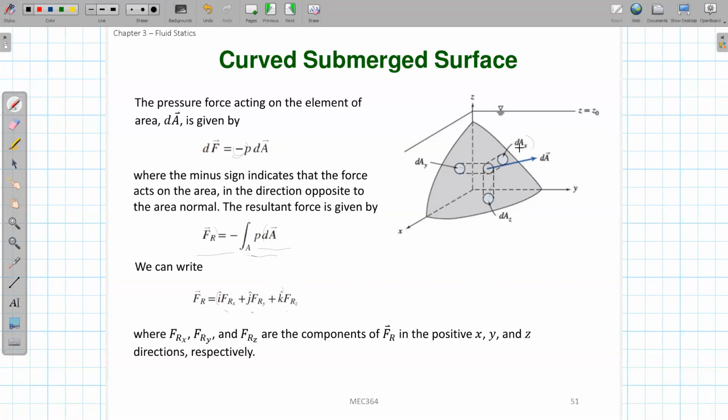For this dAx, basically it is this surface area: if you do a projection of this area on the YZ plane, what this projection area is will give you Ax. For Ay, it will be the area you get by projecting on the XZ coordinate plane. Similarly, for Az it will be the area you get by projecting on the XY plane. So this way, we can write this area vector into 3 components.